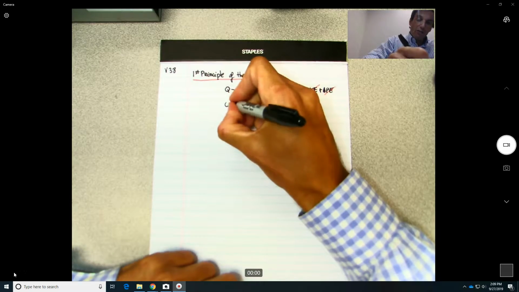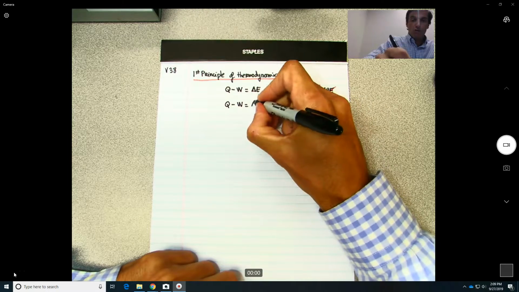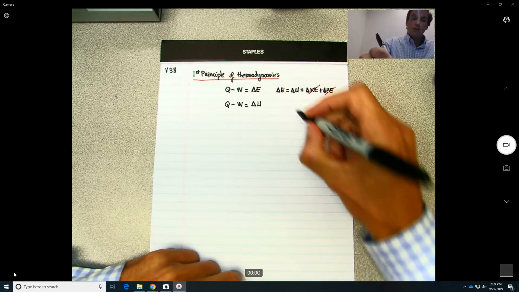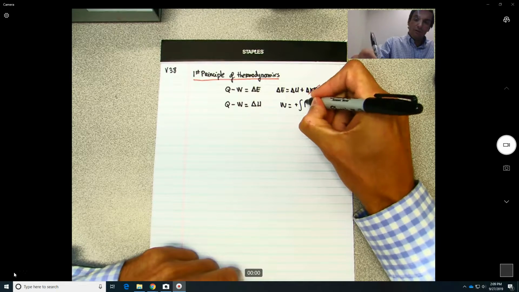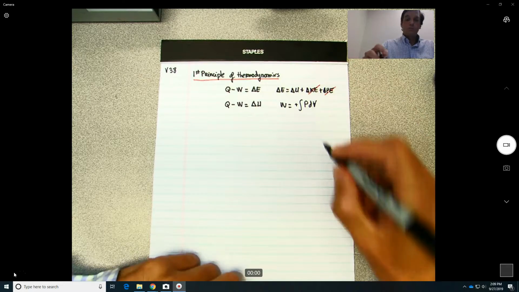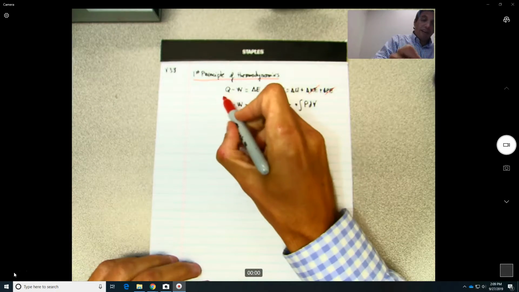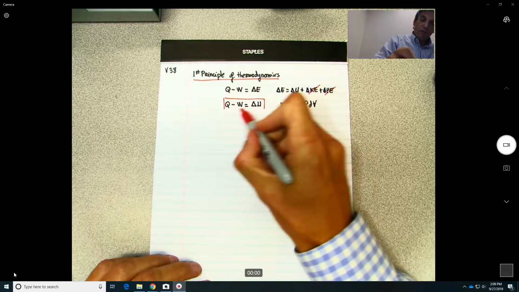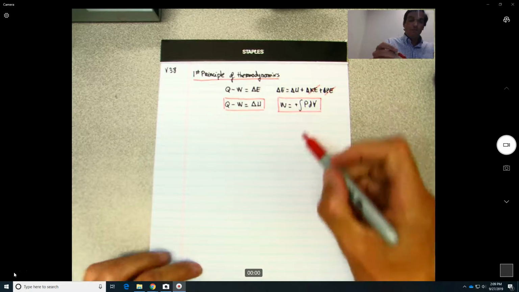So we have that Q minus the work was equal to the change in internal energy, where the work was equal, with the sign convention we decided, to PdV. So really these are the two equations we have been using most of the time.